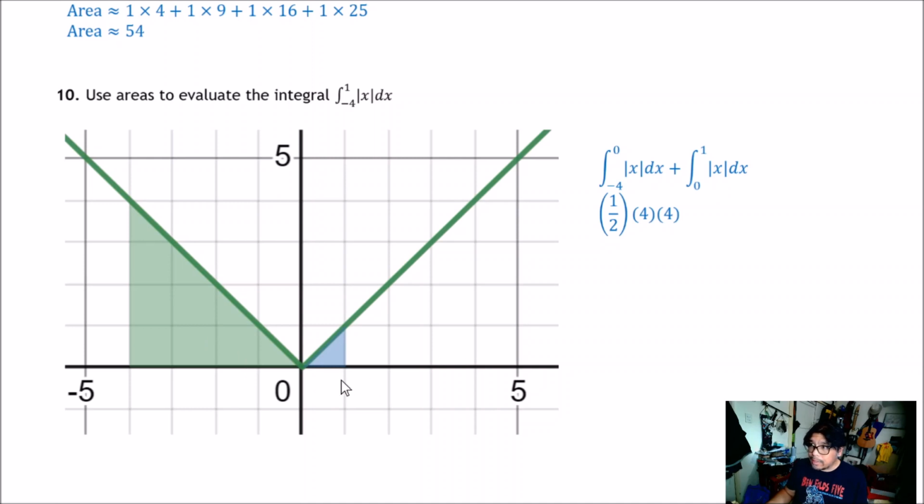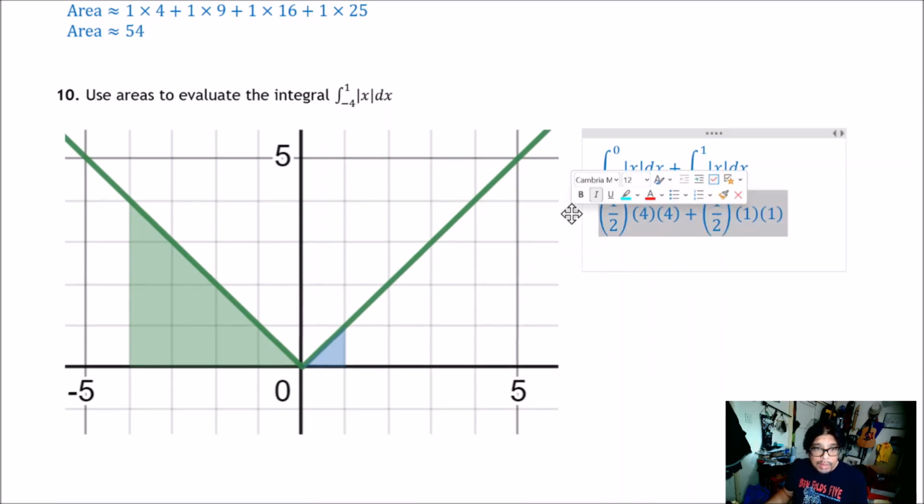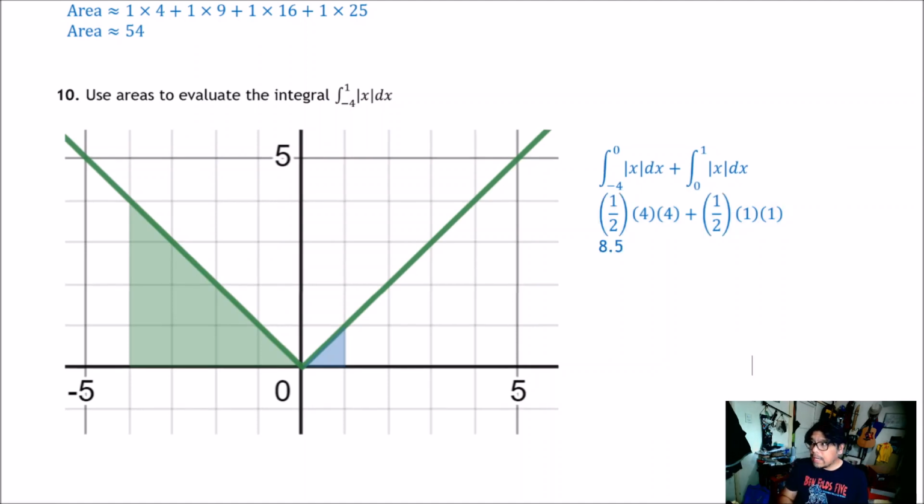And this triangle has a base of 1 and a height of 1. So taken all together, the integral is going to be equal to 1/2 of 4 times 4 plus 1/2 of 1 times 1. And that gives us a total of 8.5, or 17 over 2. And ultimately, that means that the integral of the absolute value of x from -4 to 1 is 17/2, or 8.5.